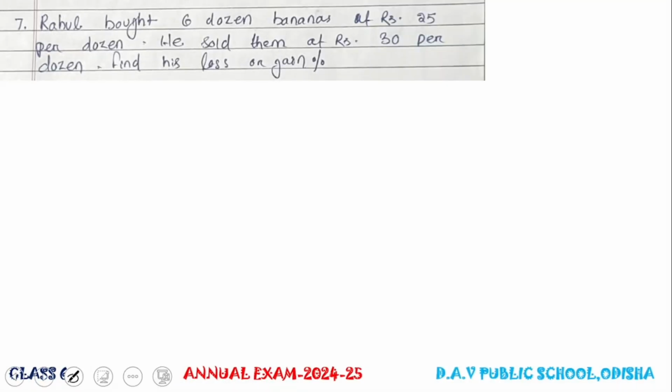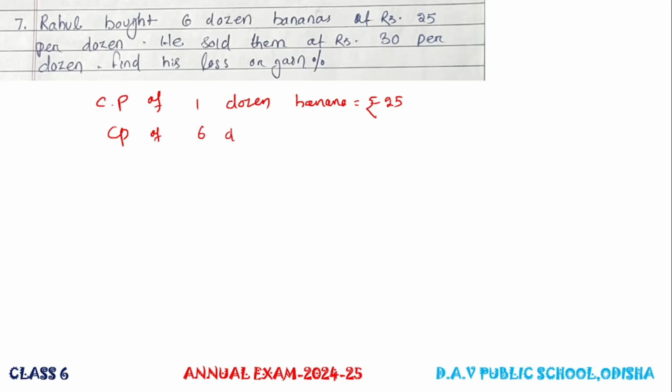Rahul bought 6 dozen bananas at rupees 25 per dozen. So we can write CP, bought means CP. So CP of 1 dozen banana equal to rupees 25. We can find CP of 6 dozen, that is 6 into 25, equal to 150 rupees.